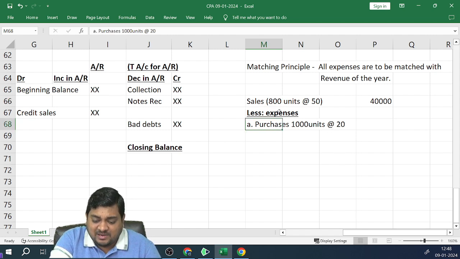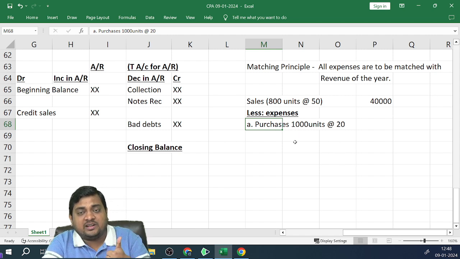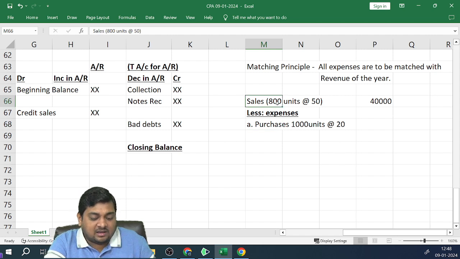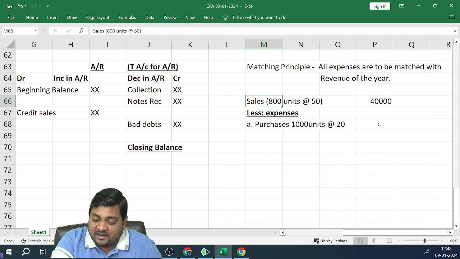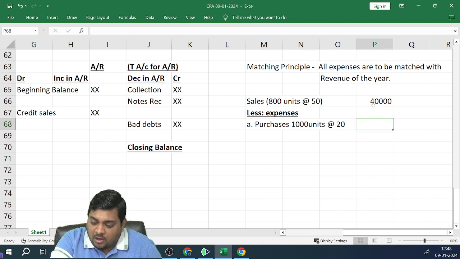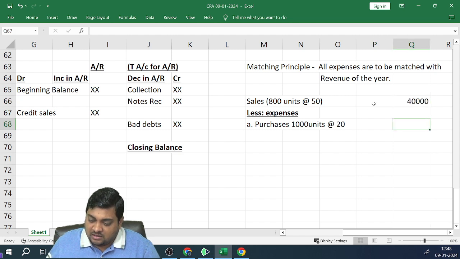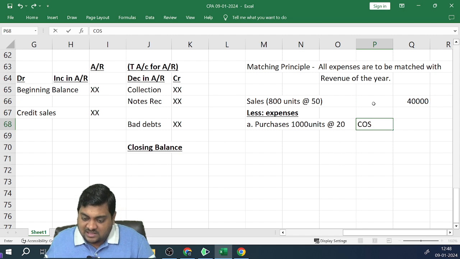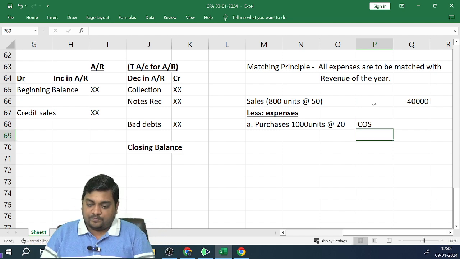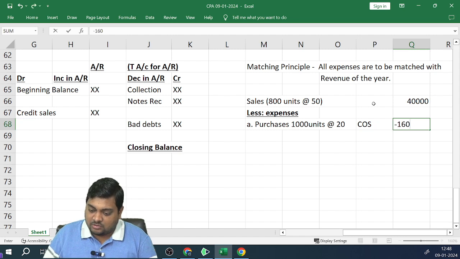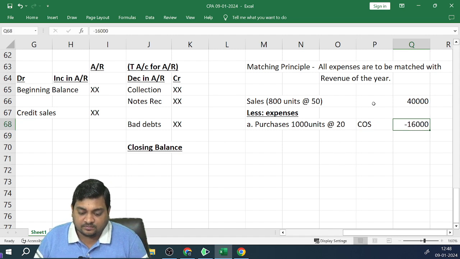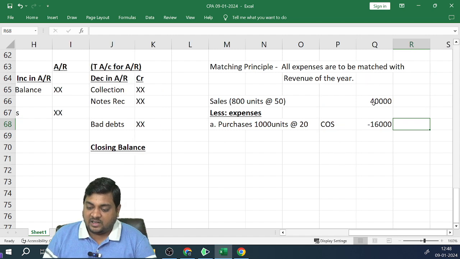All expenses, this is expense, it should be matched with the revenue of the year. So we have purchased 1000 units, but ultimately we have sold 800. So when I talk about this, which is nothing but cost of sales, I will take only 16,000. That is 800 into 20.